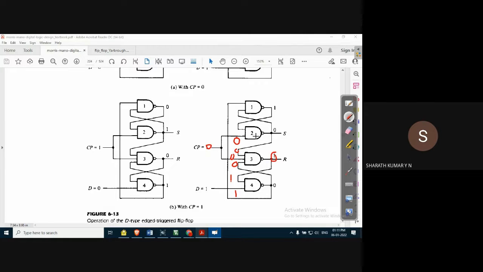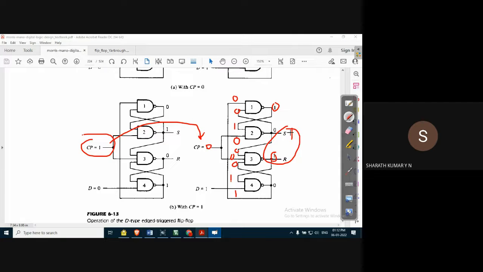Now here it is 0, this is 0, this is 0. 0 0 1 1 0, AND gate operation is 0, and this output becomes 1. Please observe this. When the clock pulse transitions from 1 to 0, the S and R change to 1 1 because the clock pulse has changed.